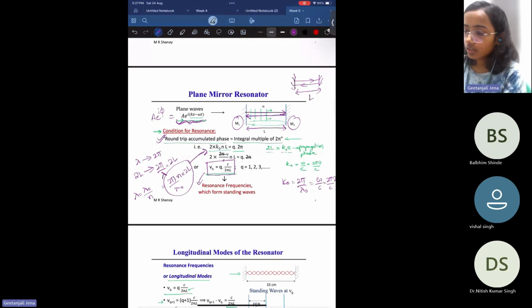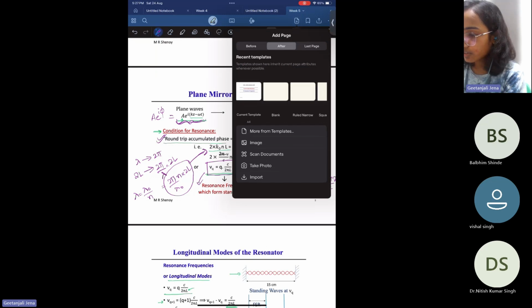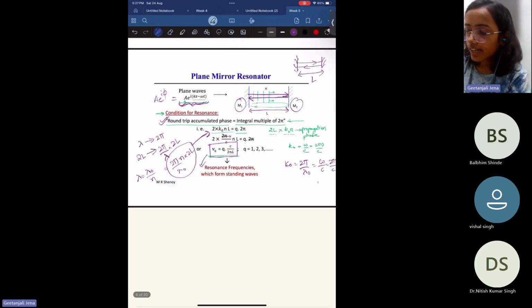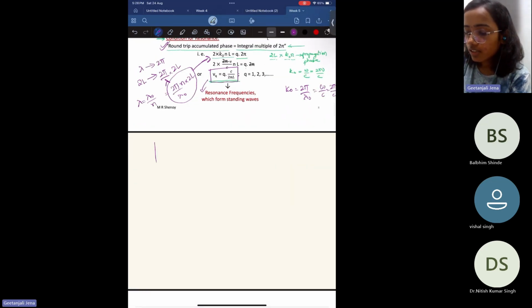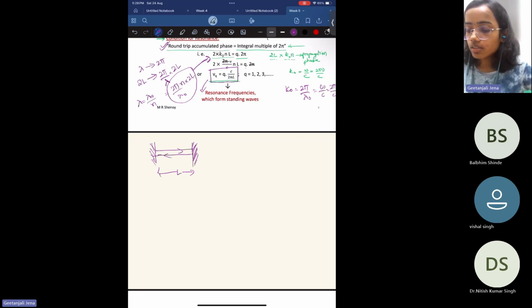So let us quickly show what a standing wave is. In a standing wave, the energy does not propagate beyond this cavity. If you have mirrors separated by L and there is a standing wave, light is constantly oscillating back and forth in between the mirrors.